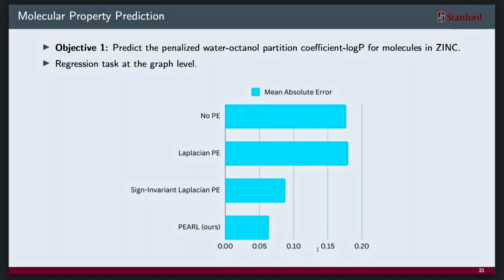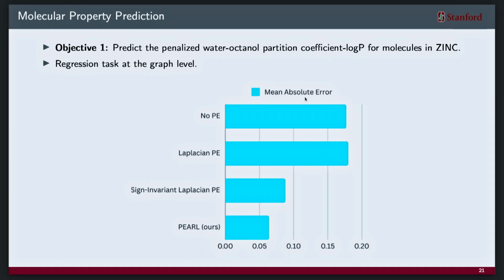One is on small molecules, and what we are doing here is we're trying to predict a specific molecular property called log P, and we are using the famous ZINC dataset for that. So in terms of a graph task, this looks like a graph regression task.